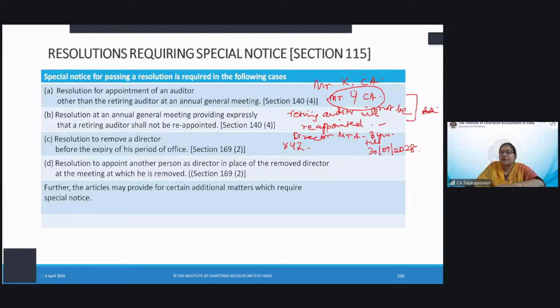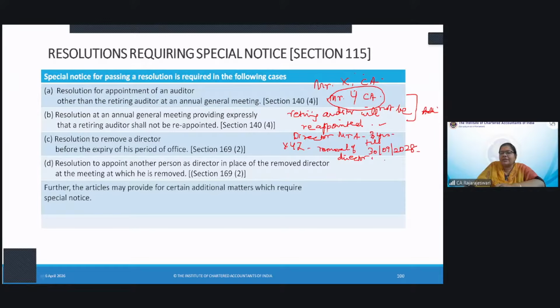So 25 you have appointed, till 28 he holds office. Before that, a person wants to remove a director. That you call removal of director. So in that case also you have to pass a special notice.